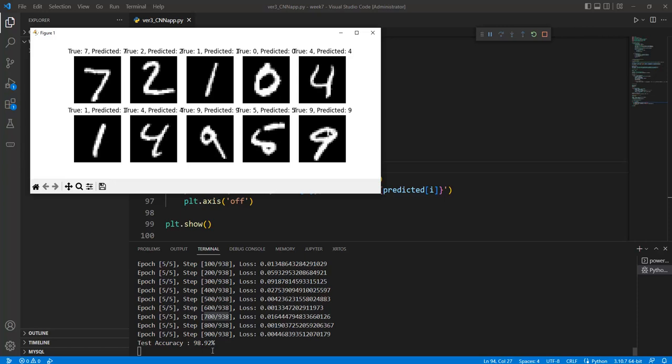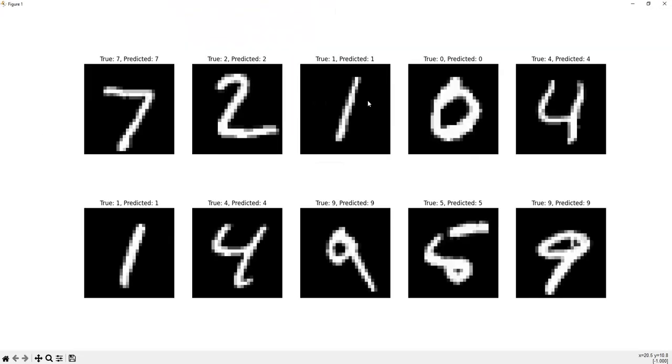The test accuracy is 98.92. It's a high value for these terms, and in this case you can see the predictions 7, 2, 1, 0, 4, 1, 4, 9, 5, 9. See that? It's the highest accuracy for the MNIST dataset.